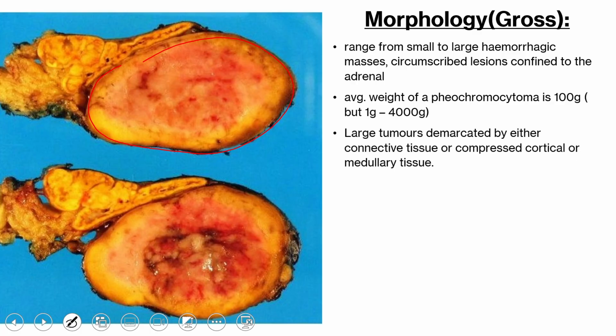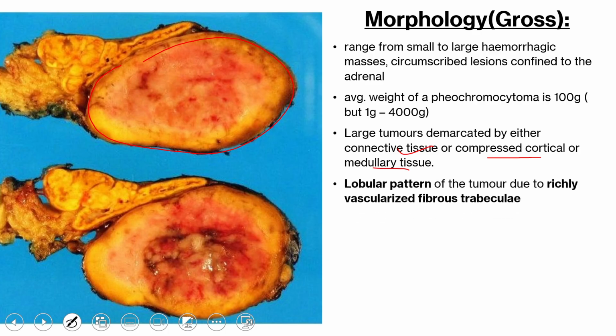Large tumors are demarcated by either connective tissue or compressed cortical or medullary tissue, while a lobular pattern-like appearance can be appreciated in pheochromocytoma because of the presence of richly vascularized fibrous trabeculae.